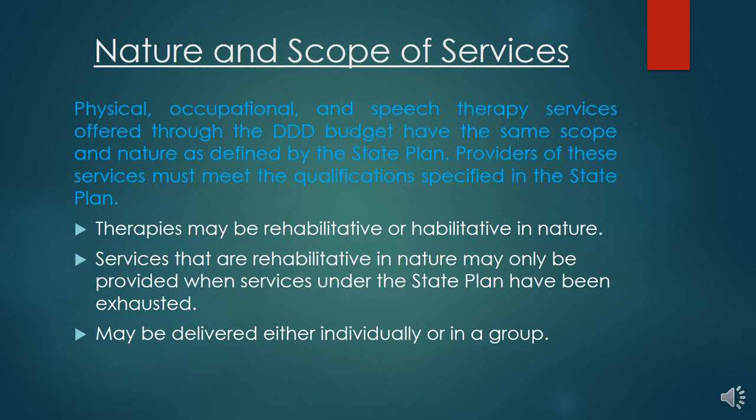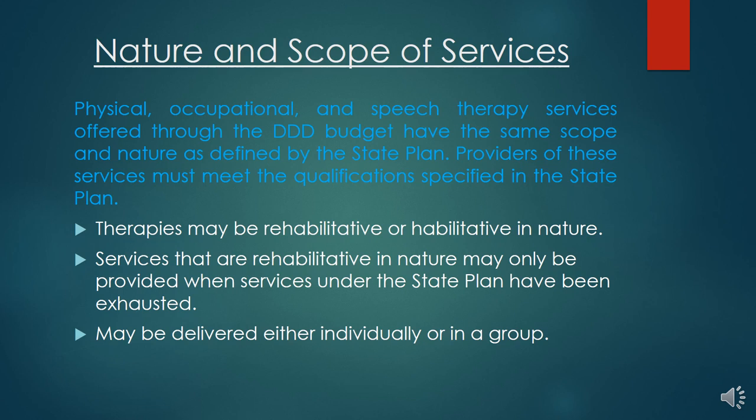Physical, occupational, and speech therapy services offered through the DDD budget have the same scope and nature as defined by the state plan, and providers of these services must meet the qualifications specified in the state plan. Therapies may be either rehabilitative or habilitative in nature and may be delivered either individually or in a group.